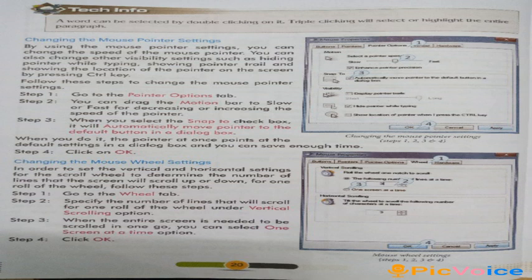Then step 2 is specify the number of lines that will scroll for one roll of the wheel under vertical scrolling option. Then step 3, when the entire screen is needed to be scrolled in one go, we can select one screen at a time option. Then step 4, click OK.